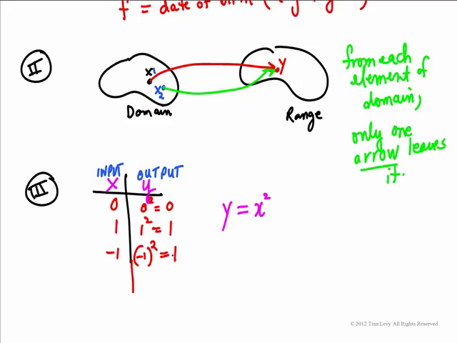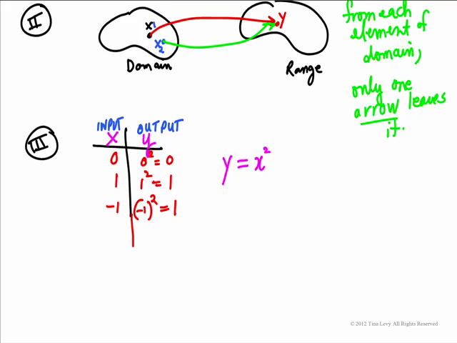But we also can have equations that don't represent functions. So for example, if I say x is y squared, x is always our input, y is our output.